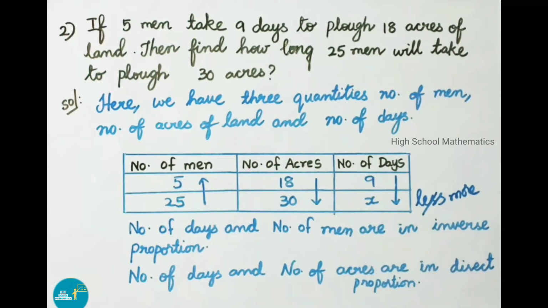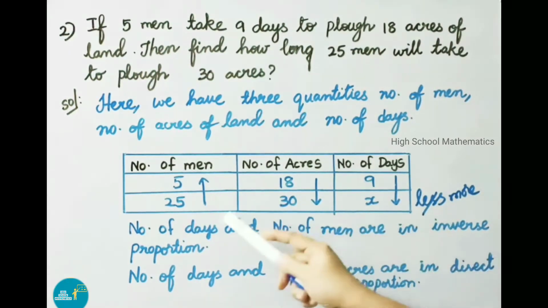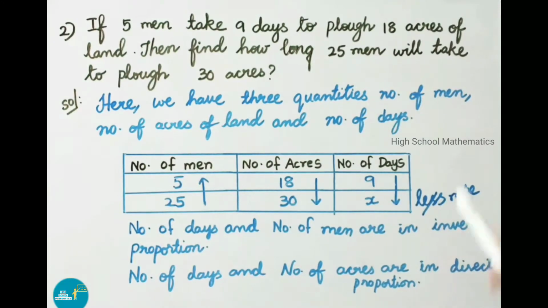So these both quantities are in the same proportion. That's why we indicate with the same arrow. But here number of men and number of days are in inverse proportion, so we represent here the opposite arrow, that is the upward arrow. Therefore number of days and number of acres of land are in direct proportion.